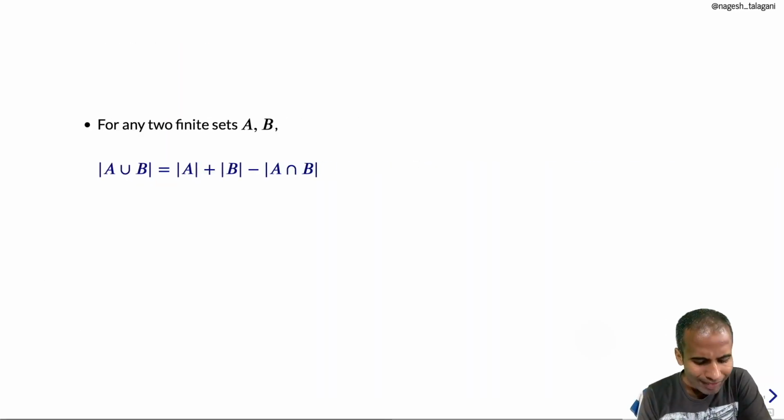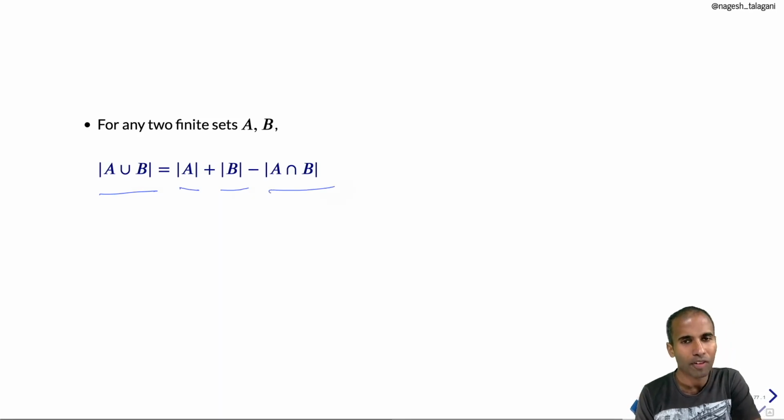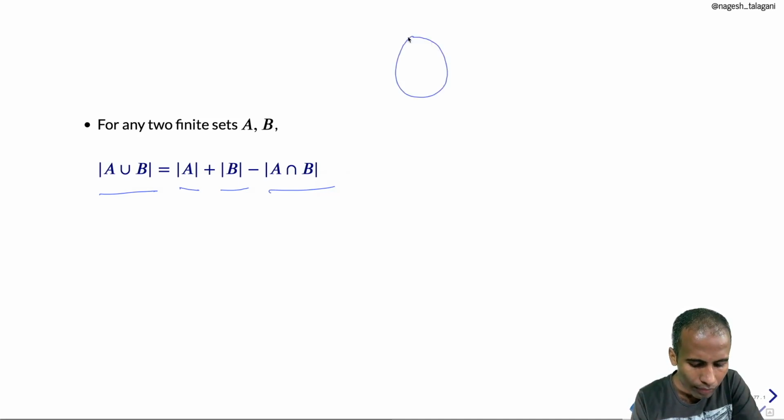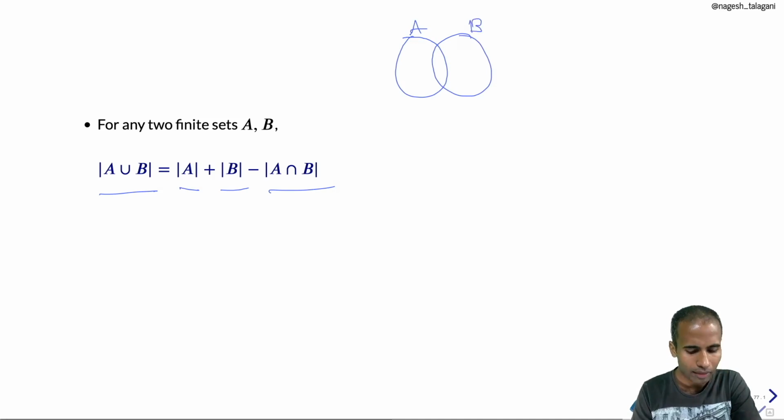For any two finite sets A, B, the number of elements in A union B is going to be the number of elements in A plus the number of elements in B minus the number of elements in A intersection B. The reason is this. Let us say this is set A, this is set B, they overlap something like this. Here, if we simply write the number of elements in A plus the number of elements in B according to the sum rule, it would be wrong.